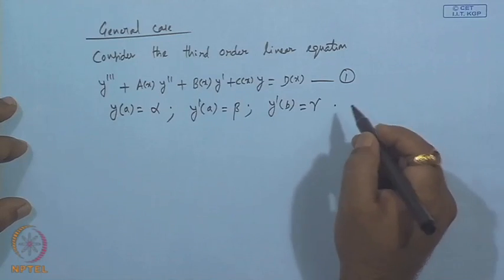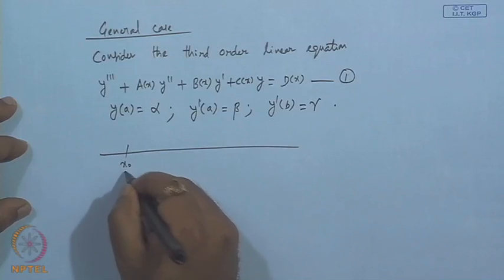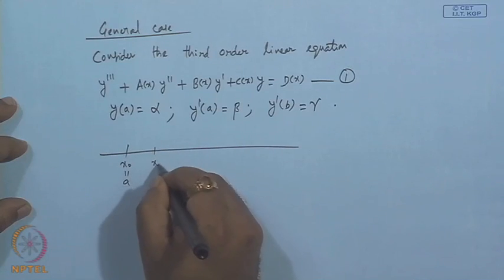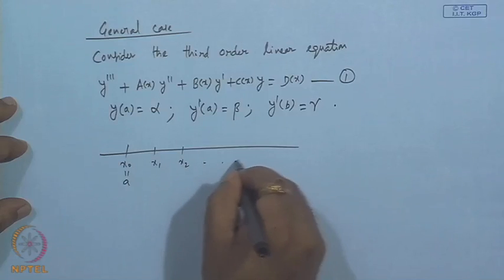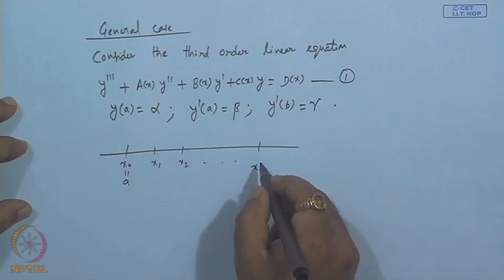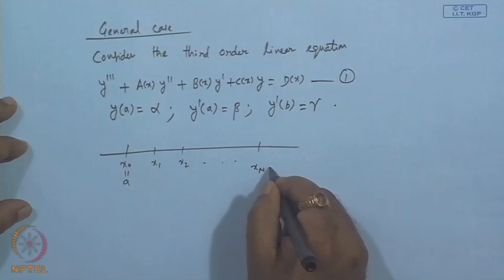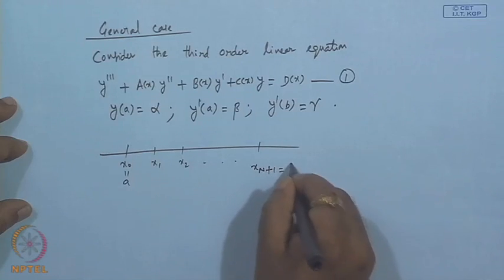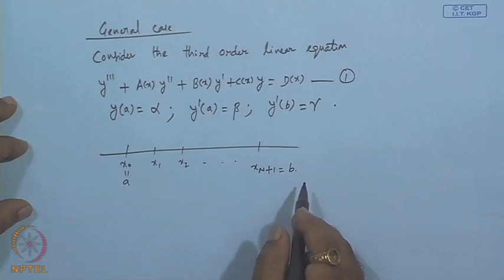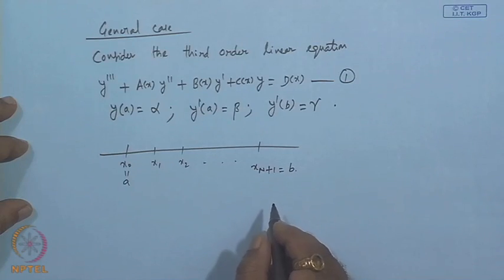So, the grid points x n, x n plus 1 equals to b. Okay. Now, what are the approximations?